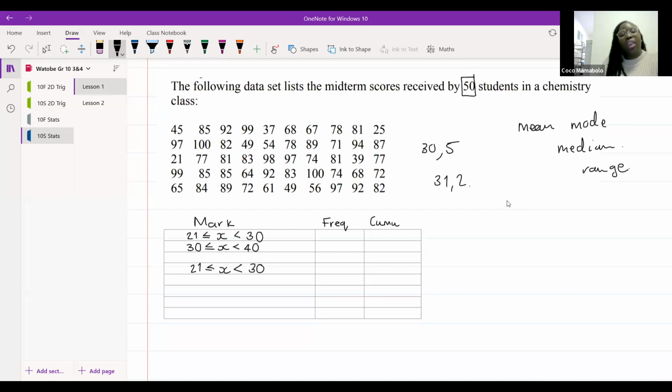Now, if we take the interval from 30 to 30, then it helps us figure out what to do with 30,5. Where is 30,5 going to fall? Mara, do you have an answer for me? If I had to say 30,5, does it fall here in the first column or in the second column?